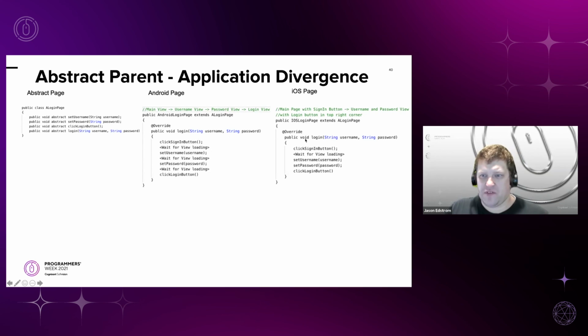And we also see up here the app divergence component, where say the username, password, login, and logged in view are all on a different view. This allows us to handle that appropriately versus the iOS scenario, where username and password are on the exact same view and the login button is in the top right corner. We're only waiting for the loading to happen once, but the method call will always be to .login.